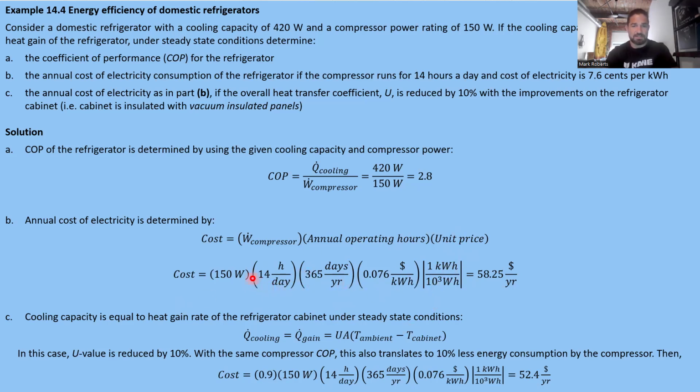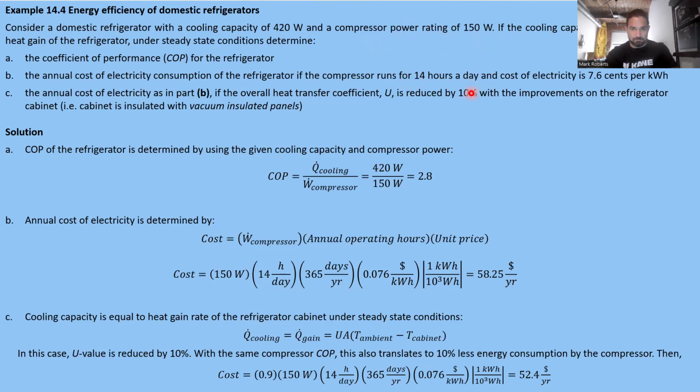So we have the operating time, we have the unit price, and then we have the work of the compressor. So essentially the assumption here is it's running 14 hours a day at its power rating.